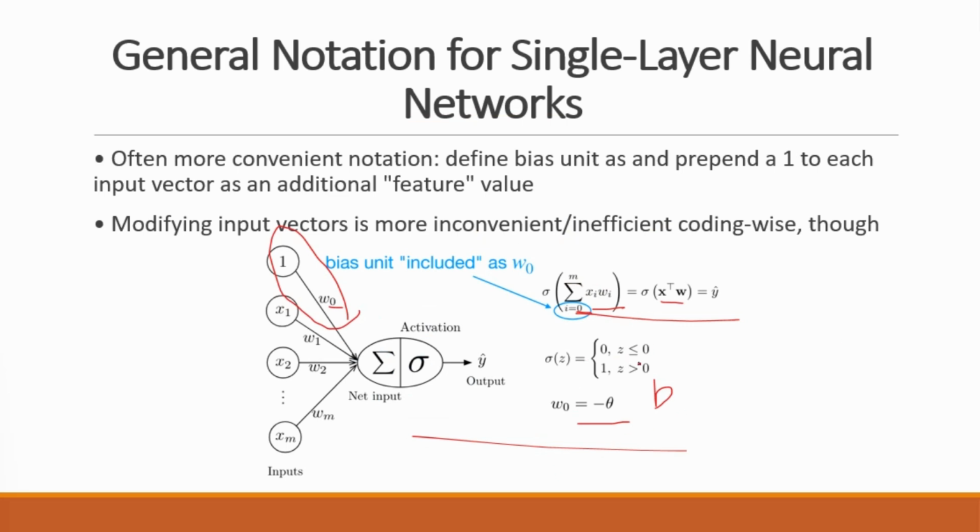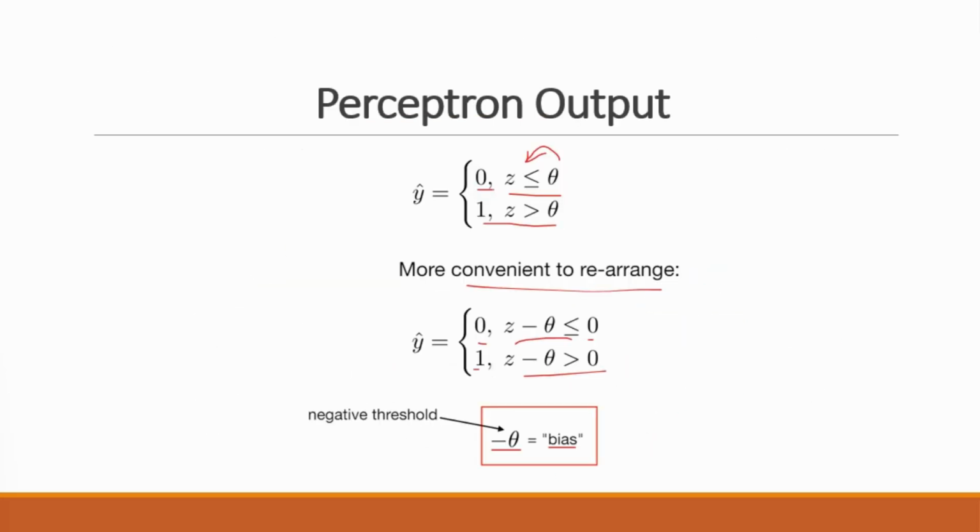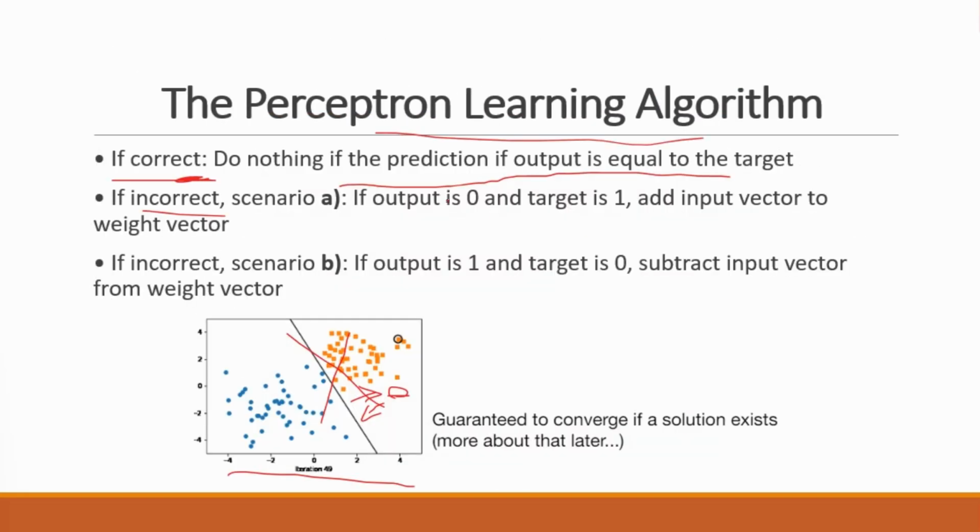Then we don't have to do anything. If the prediction and the target are equal, nothing has to be updated.